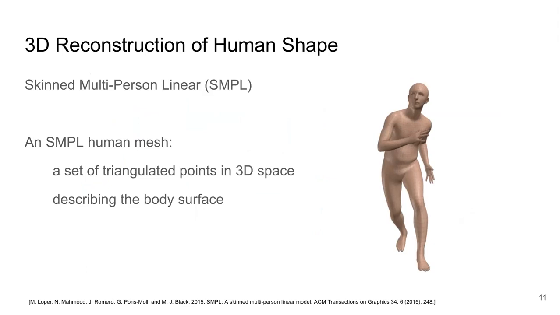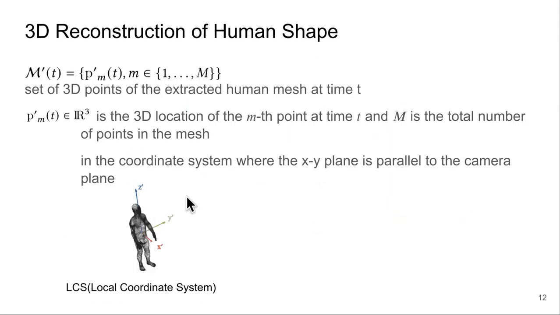An SMPL human mesh is a set of triangulated points in 3D space describing the body surface. More specifically, the structured 3D human mesh is characterized by a dense set of mesh points that describe the body surface in 3D.